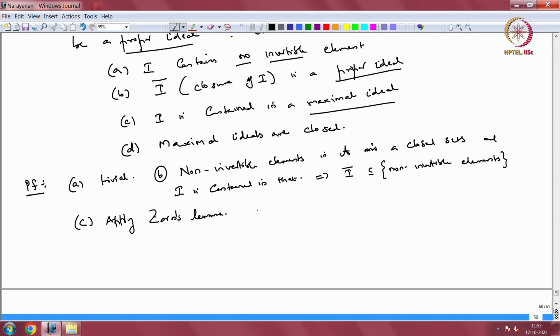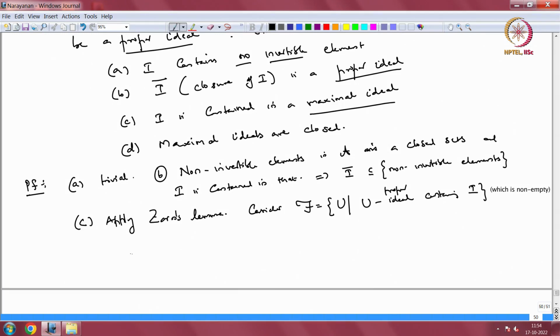So, you look at, consider, let us say, script F to be all U, where U is an ideal, right, a proper ideal, containing I, right. So, you take something bigger than I. Then look at all such proper ideals containing I. So, you have a collection of sets actually, right.